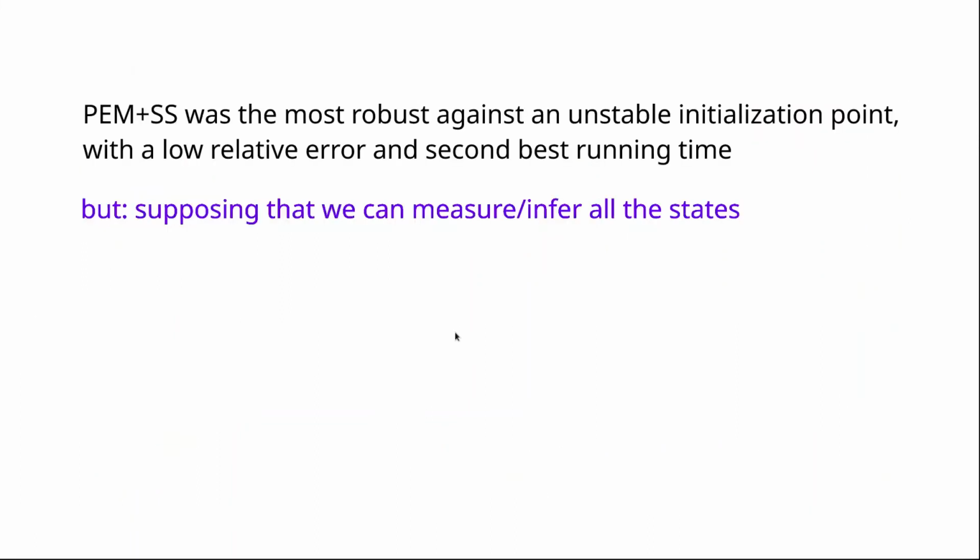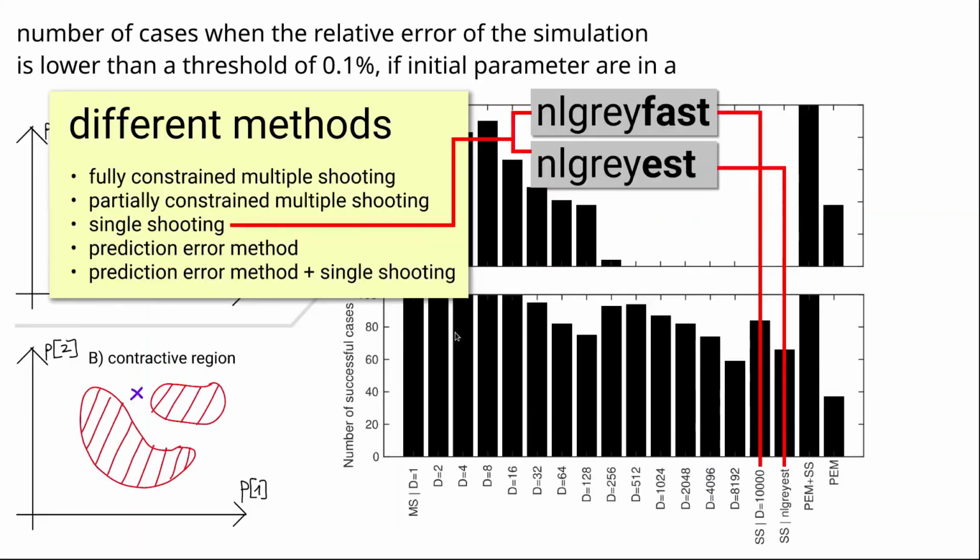So even though PEM plus SS was the most robust against an unstable initialization, we have to remember that we have to be able to measure or infer all the states. Then another comparison we have made is on the single shooting formulation.